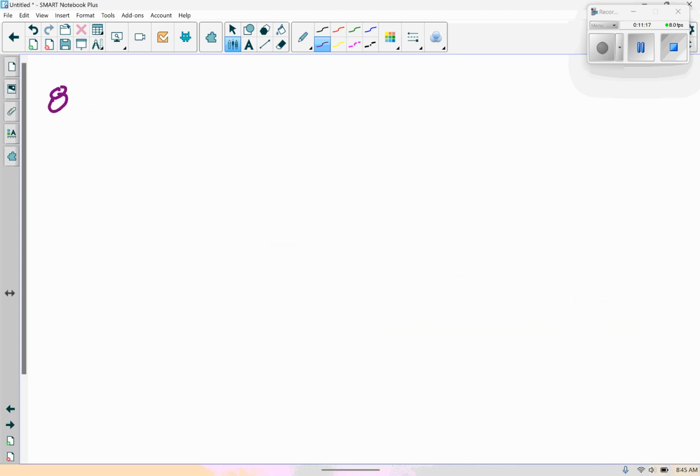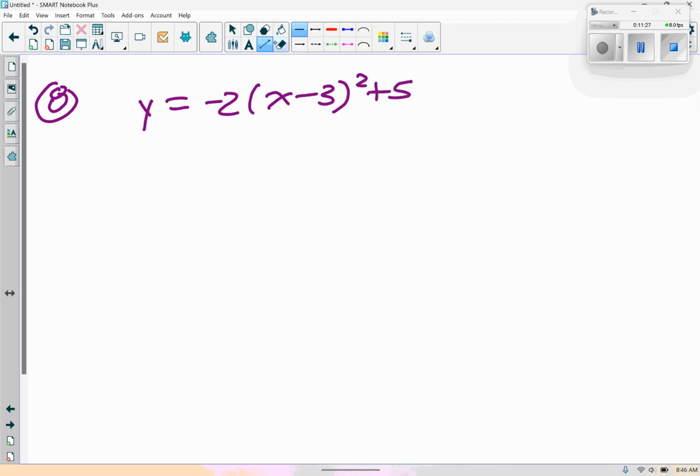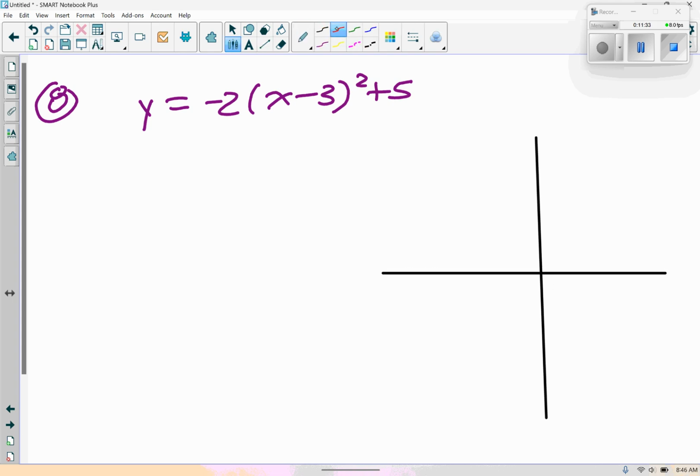Number 8, we get y equals -2(x minus 3) quantity squared plus 5. Let's make our xy axis. So let's get our vertex first. So it's opposite that, same that. So (3, 5).